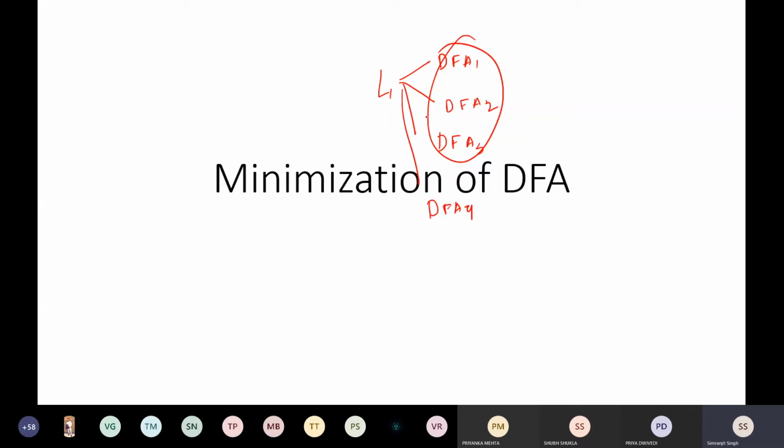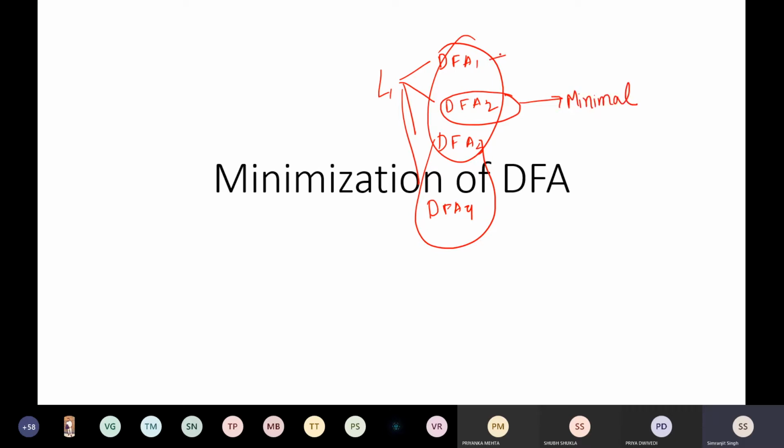Suppose for a particular language there exist four equivalent DFAs. All these DFAs are correct if they are accepting the language. Out of these, only one DFA will be the minimal one.